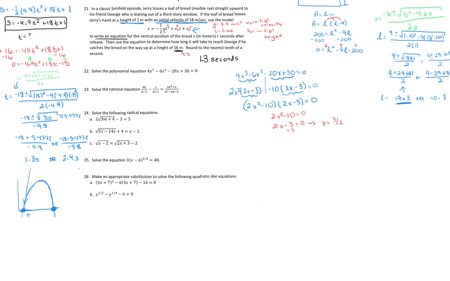This top one, if we add our 10 over and then divide by 2, we'll have x squared equals 5. And then if we take the square root of both sides, we'll be left with x is plus or minus square root of 5. So now if we want to set this up in set notation, we can say our answer is 3/2, square root of 5, and negative square root of 5.